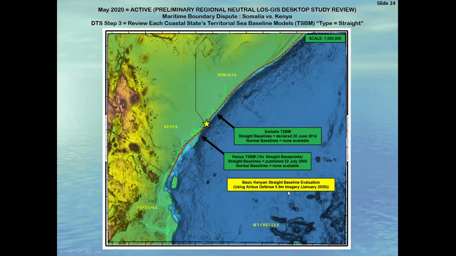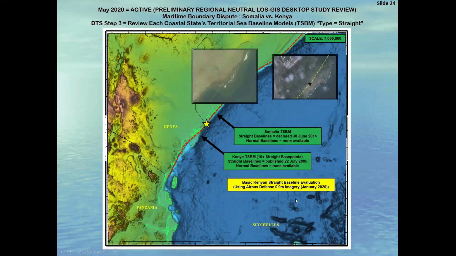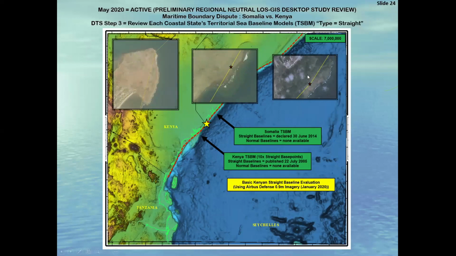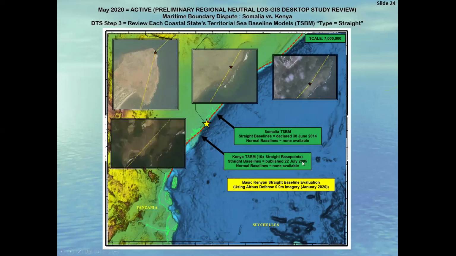Now, using present-day imagery, we always evaluate everybody's base points. I was involved with over 100 countries doing this worldwide for various government agencies. And this is no fault of any coastal state, but these show Kenya has 10 published straight base points from 2005.